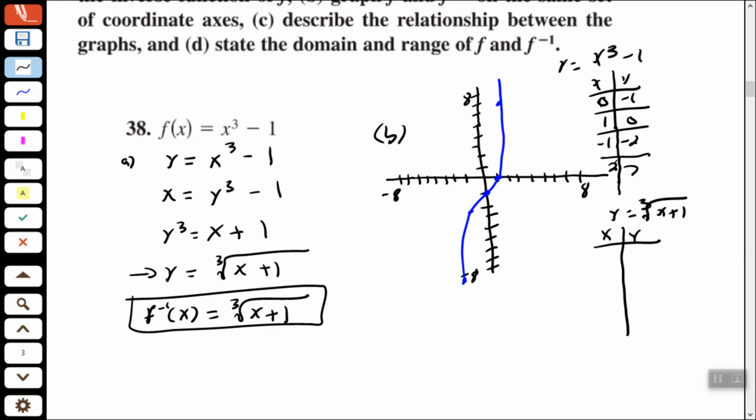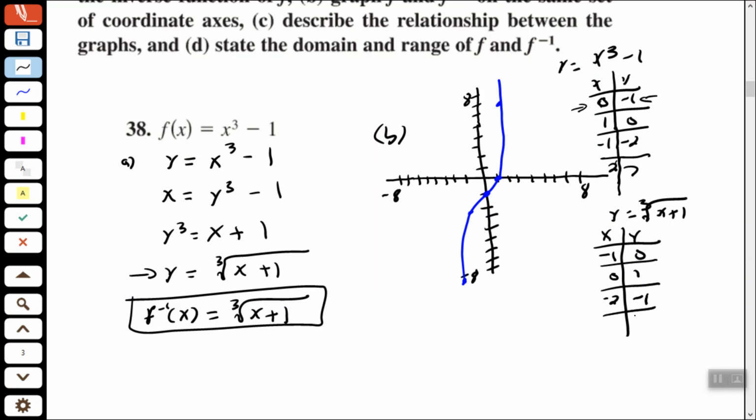All right, so let's say we had -1. So if we put -1 in for x, -1 plus 1 is 0. The cube root of 0 is 0. So -1, 0, and you see that's just the inverse of this first coordinate that I have here. So let's just write the inverse out. So 0, 1, -2, -1, and 7, 2.